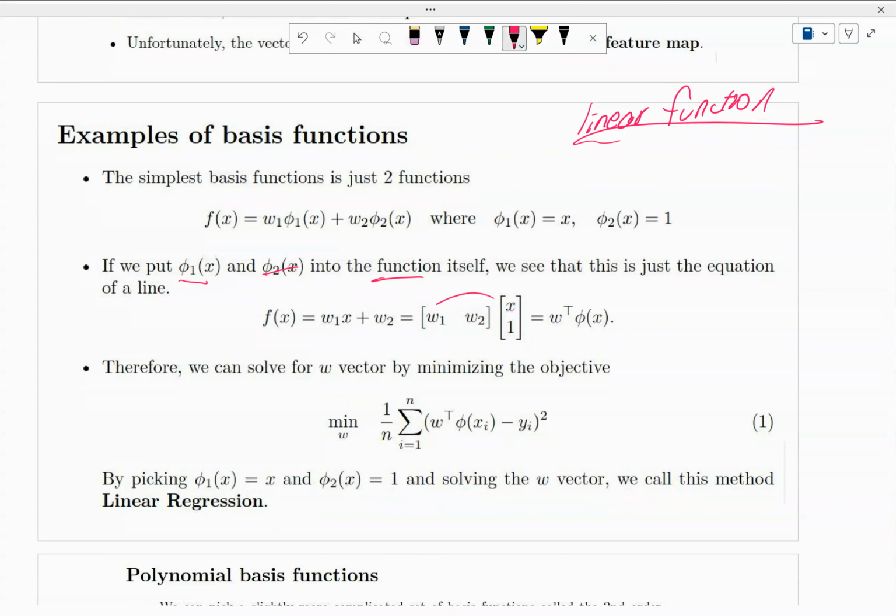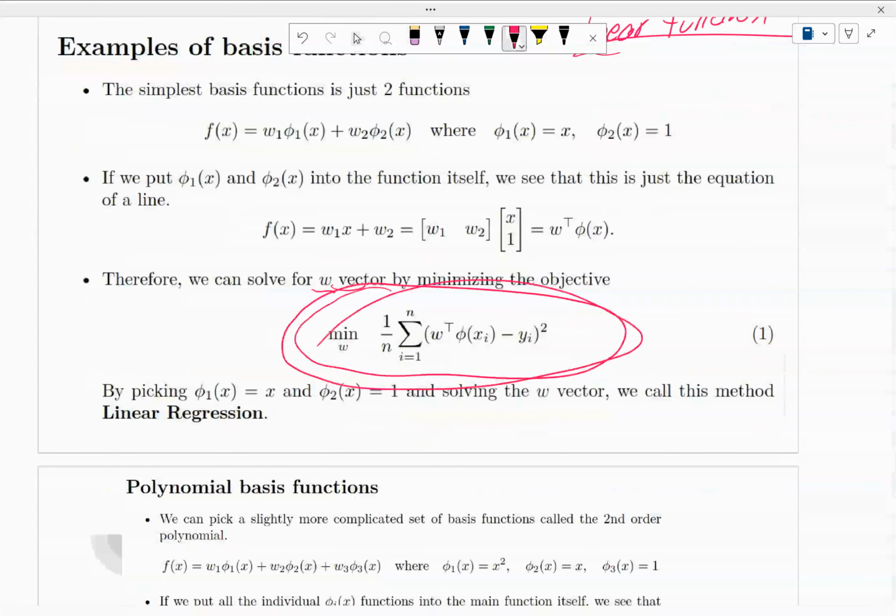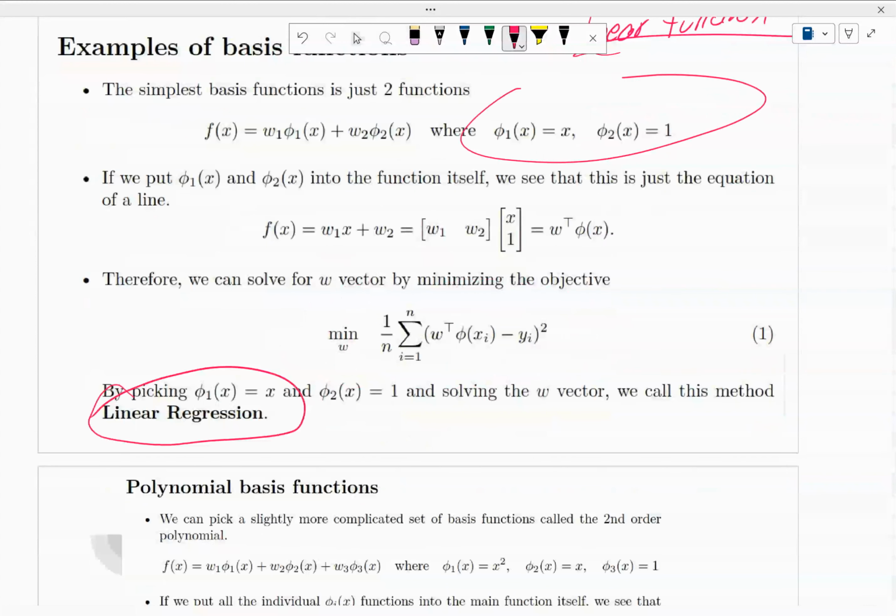So when we multiply them out, it's equal to this. And of course, we'd like to write things compactly, so we just write W transpose phi of x. Therefore, we can solve for the W vector by minimizing this.